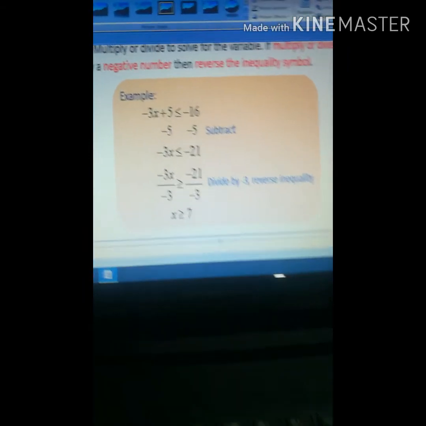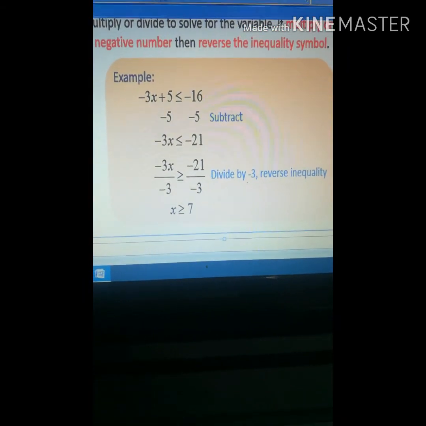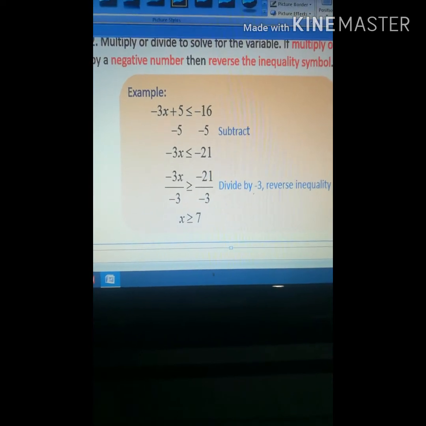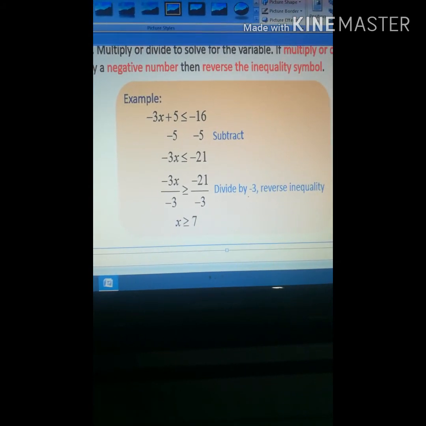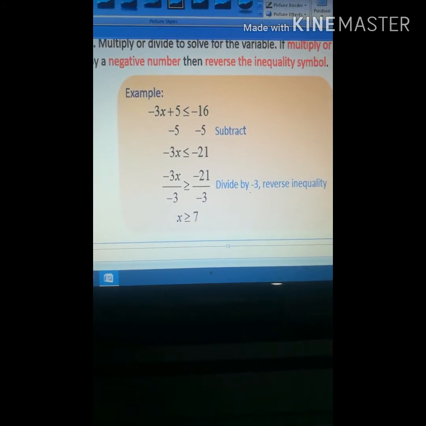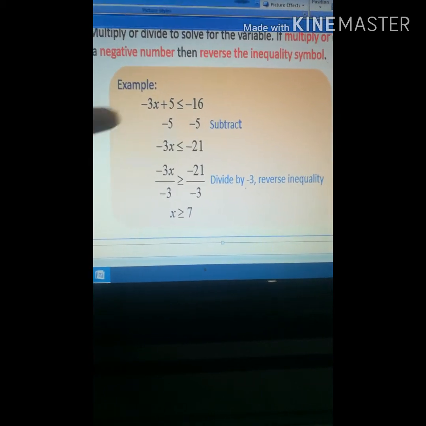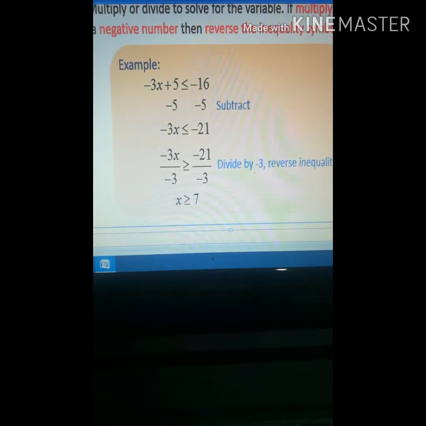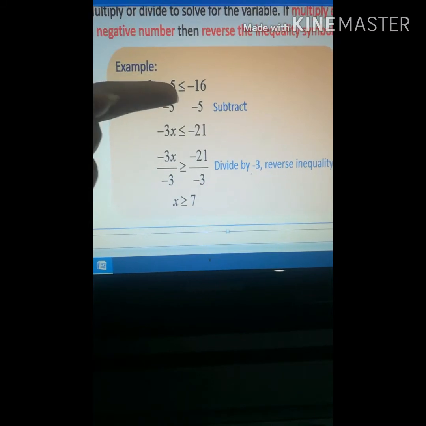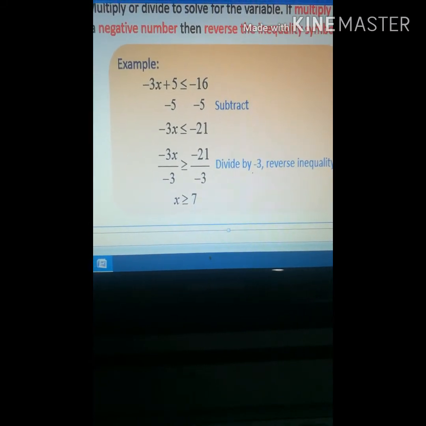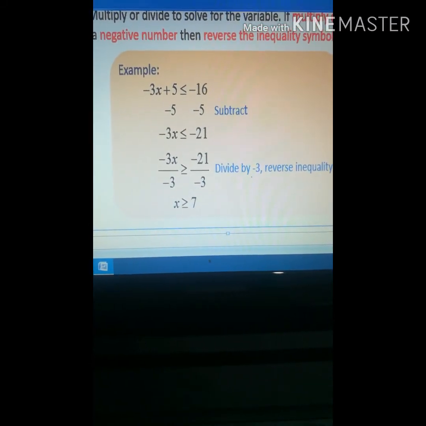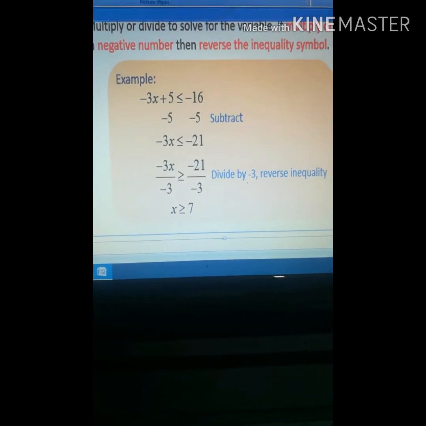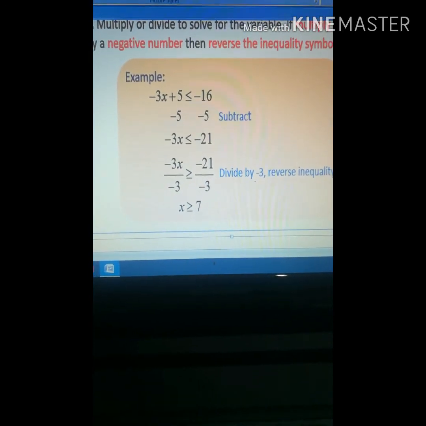This example is so important. You're going to think about it more than one time. We have minus 3x plus 5 less than or equal to minus 16. I said before that at most and at least you're going to use it, so here we have at most.